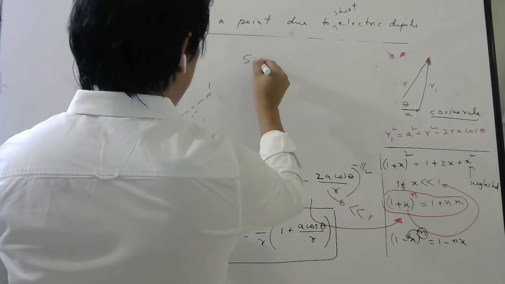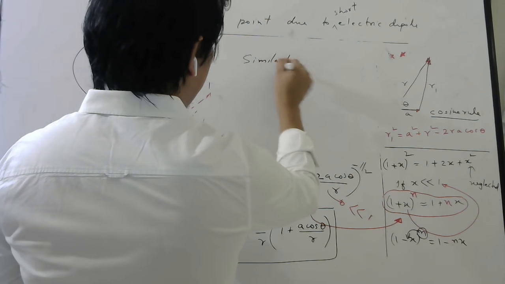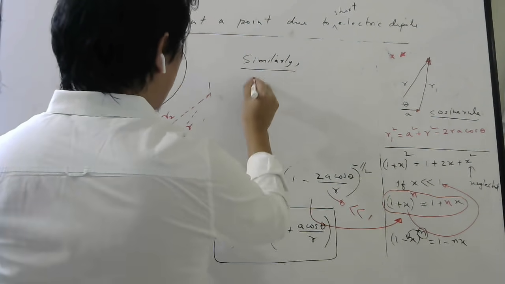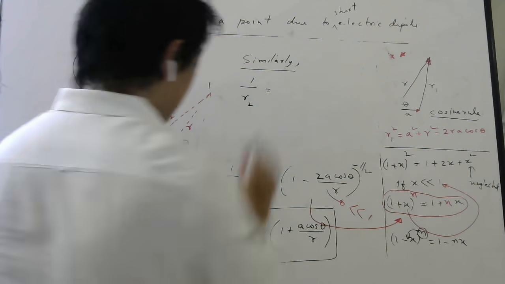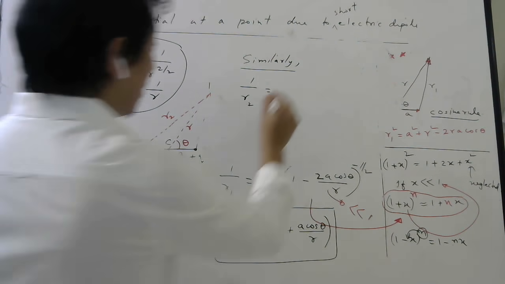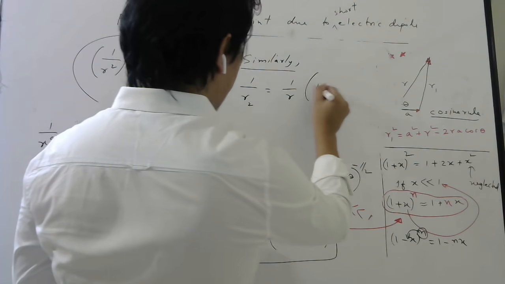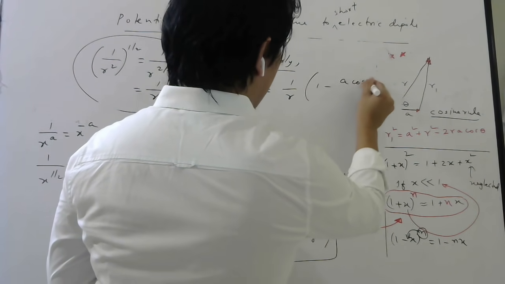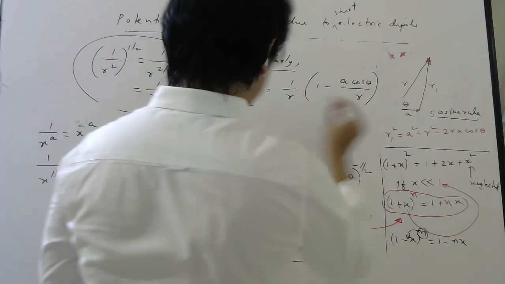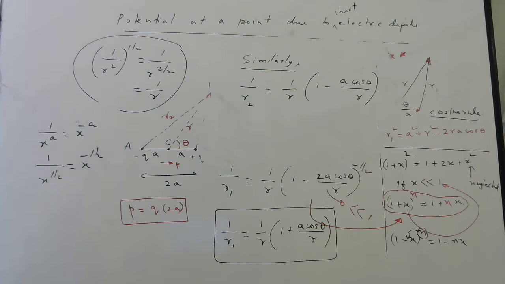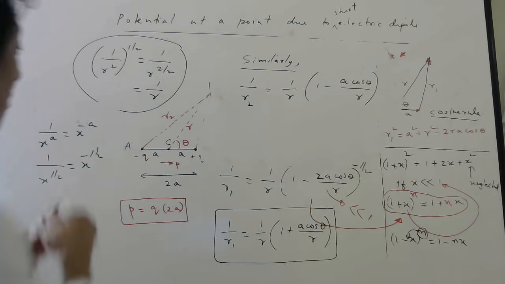Similarly, if you do, you will get 1 by r2. Guess what will come? 1 by r, bracket 1 minus cos theta by r. Okay, to understand why this minus sign comes in case of r2, look here.